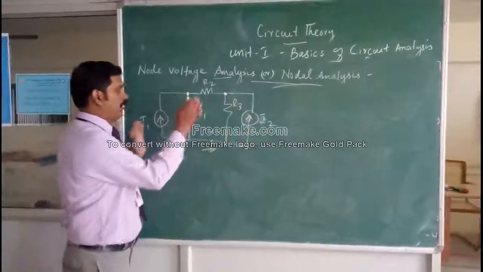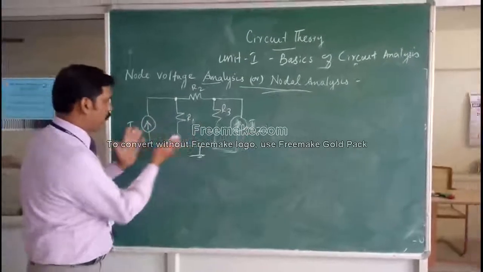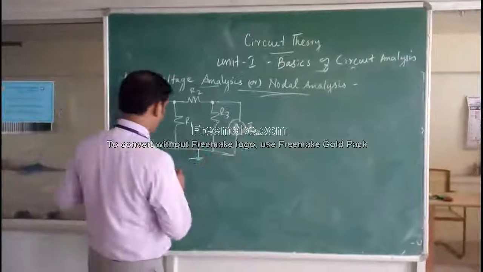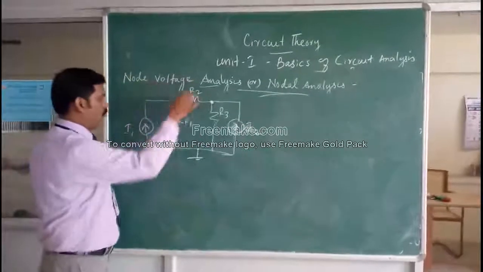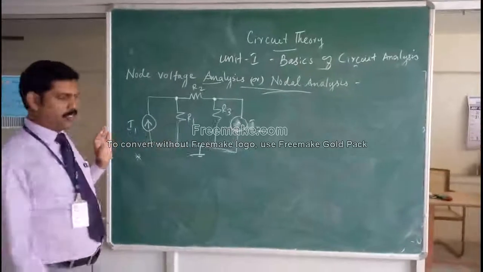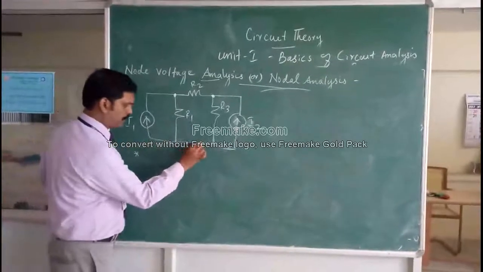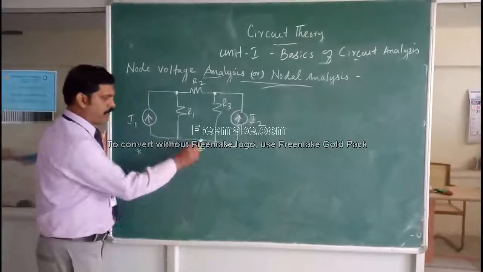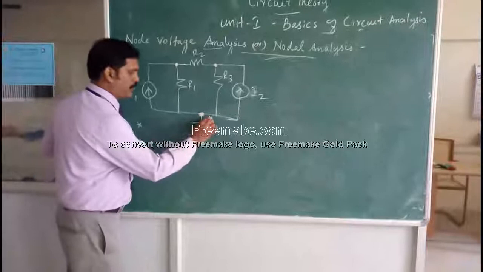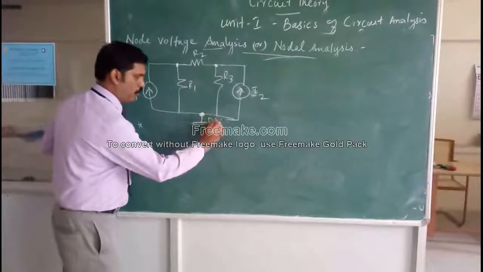Whenever we start to solve a problem with node voltage analysis, the first thing is to mark the reference node. Here I am going to take this as the reference node. Normally the potential at this node will be 0 volts.